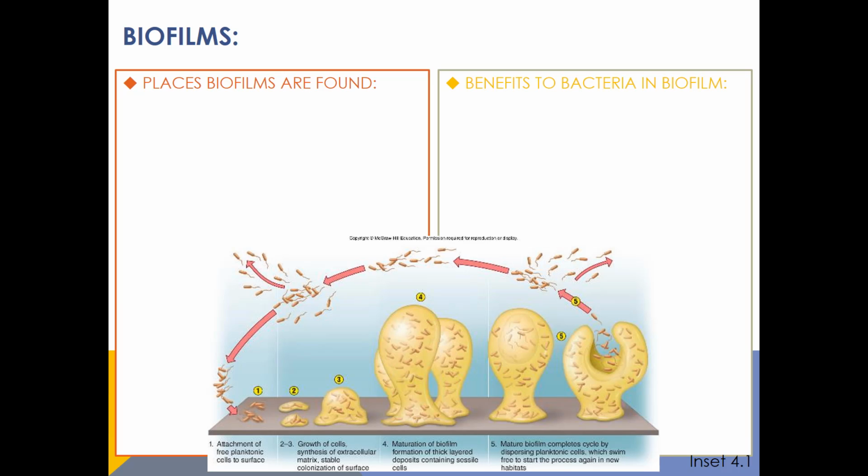Now, fimbriae and capsules or slime layer are important appendages or important external structures used for the formation of biofilms. Biofilms are groups of organisms, so many types of organisms. It does not have to be only bacteria, and it does not have to be one type of bacteria.